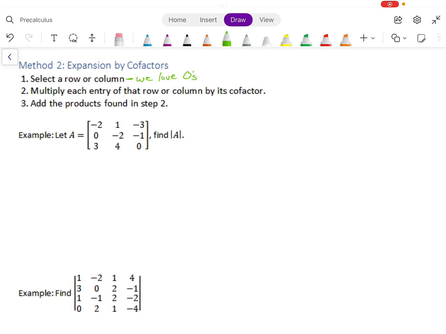Okay, so what I'm seeing here, I actually like this second row, because it's got a 0 and it's got a -1. We could have gone with the third column, which would have also worked fine. Actually, any of them work fine, but we want to utilize that 0 because we love zeros.